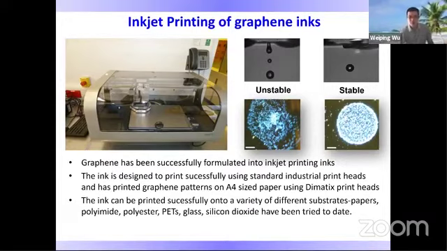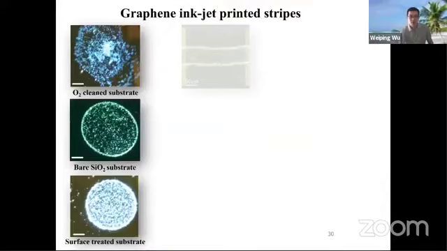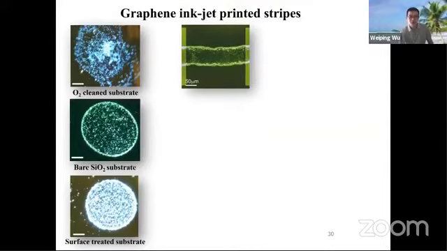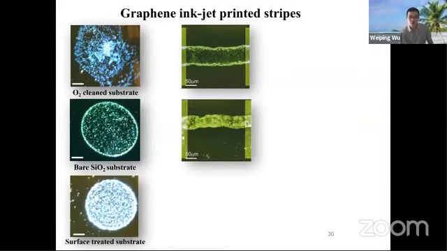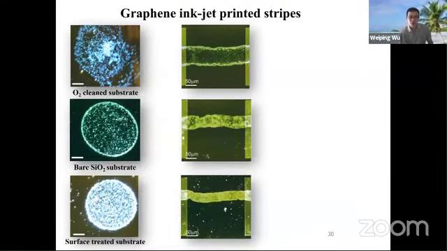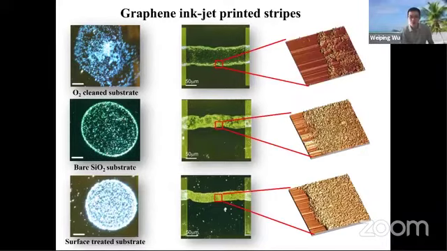Nevertheless, after a lot of trying, we successfully inkjet printed graphene stripes on the substrate, supported by ozone treatment of the substrate and a self-assembled monolayer on the substrate. So the morphology and quality of the inkjet printed graphene stripes has been enhanced.